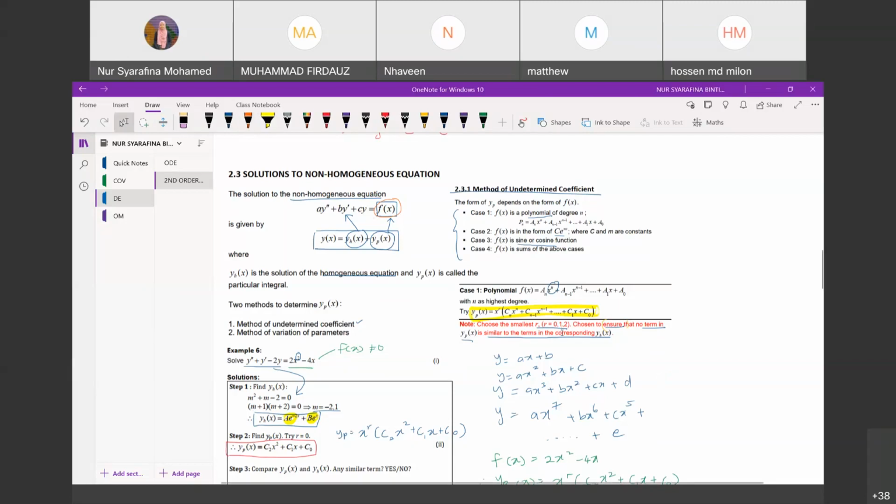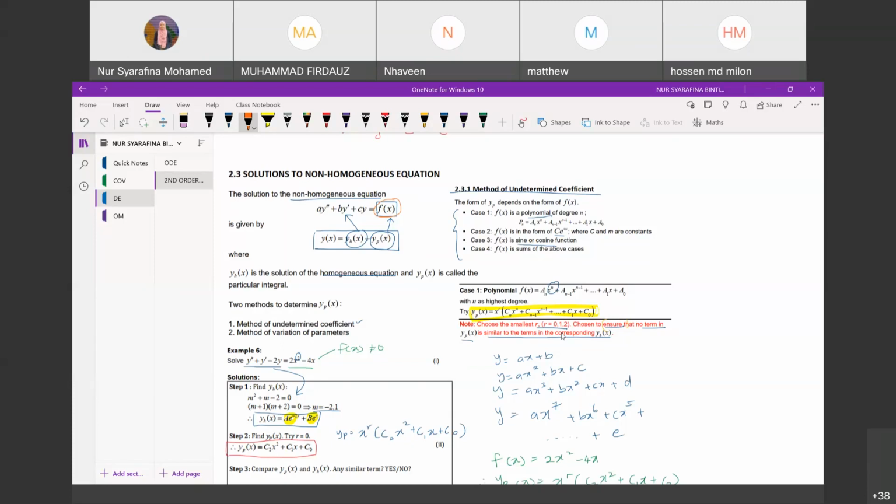Okay, so the solution will be given as y equals yh plus yp, where yh here is the solution for the homogeneous part. So how can we find the solution for the homogeneous part? Just like what we did previously in the homogeneous solution. And then we add yp.